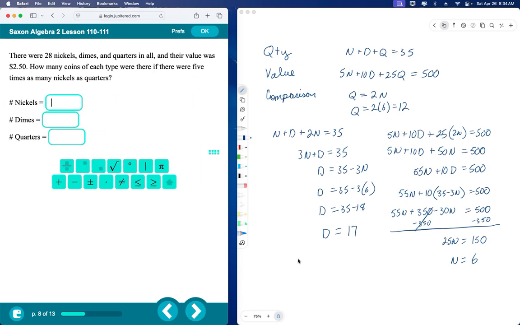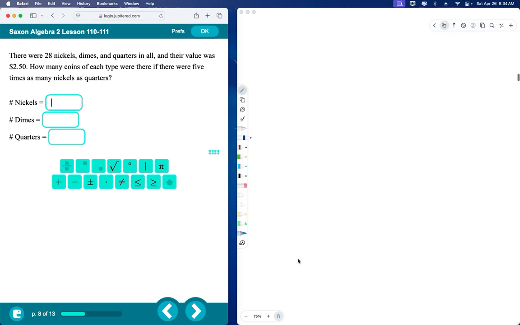So let's do this one. We've got 28, so our quantity statement is 28 nickels, dimes, and quarters. So nickels plus dimes plus quarters is 28.